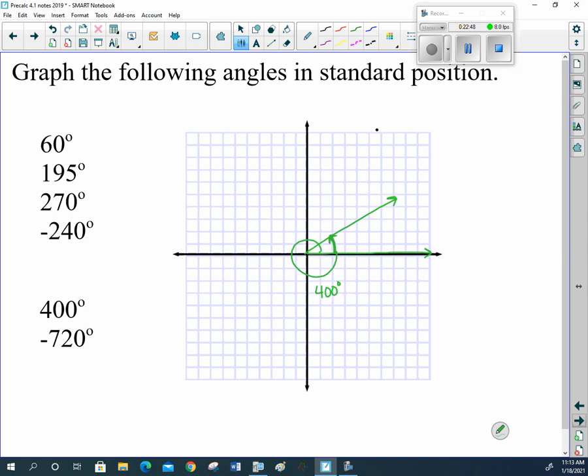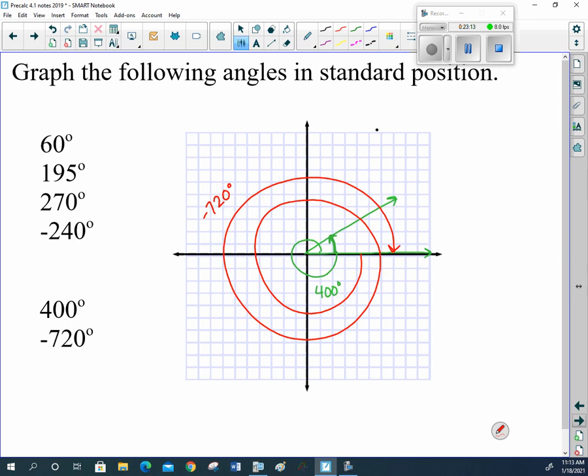And then the same thing if you go negative 720. So negative 720, I would start right here, positive x-axis, rotate clockwise. So this would be negative 360. Go all the way around again, and I would stop right here. That would be negative 720.